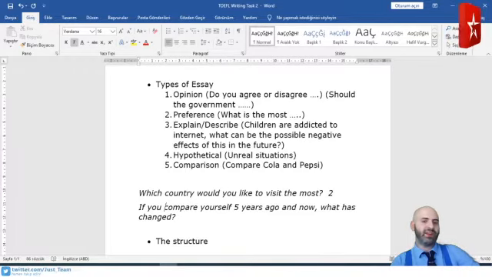I will help you a little bit. This question is a mix. It's not only one type. There are 2 types mixed in this question.